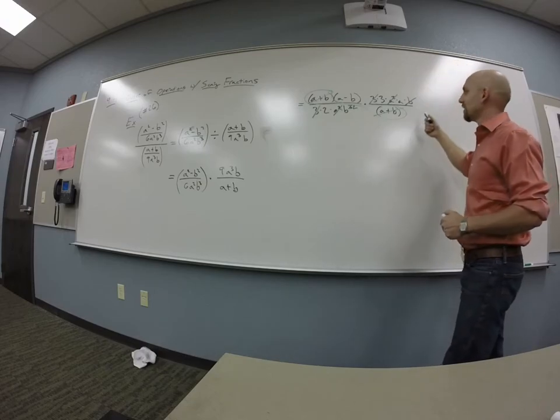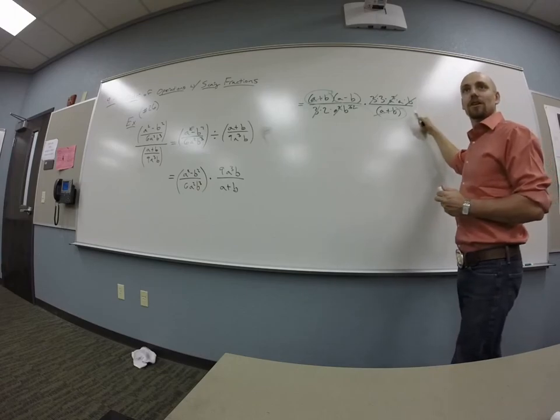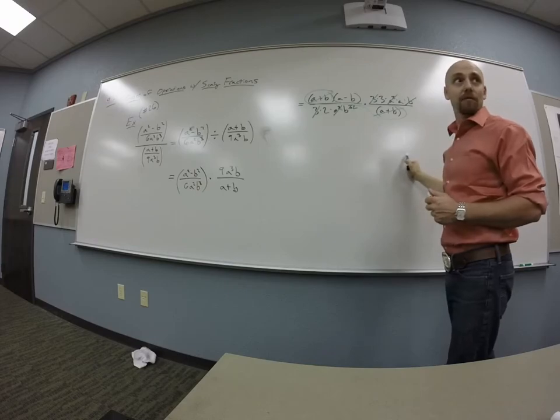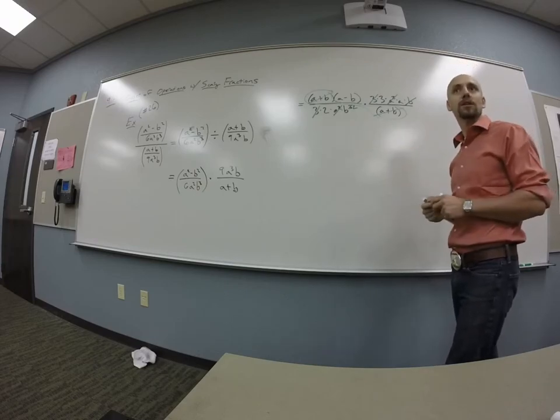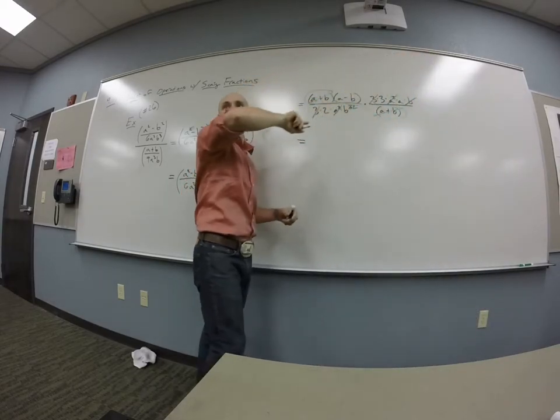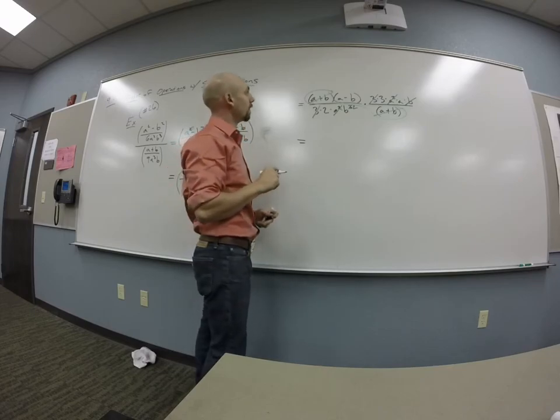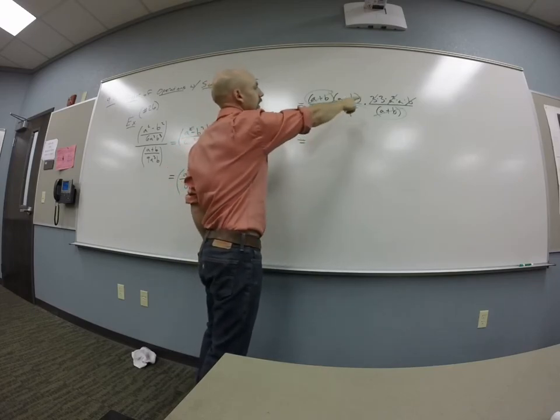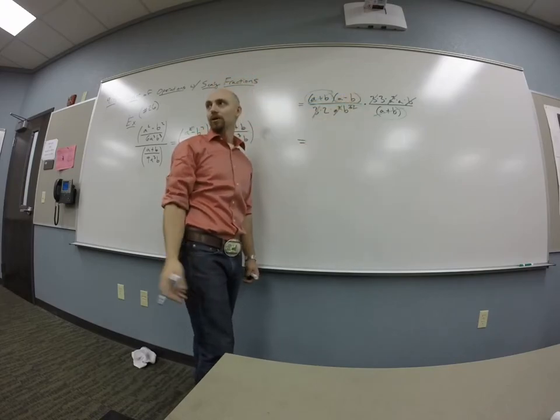I would advise that you don't ask yourself that question. Don't ask, did I get everything? Get some stuff, rewrite it, see if you can get anything else, right? I think this is probably too much canceling in one step. I would probably have done the 3's, the a squareds, maybe the a plus b, and then left the b for the next step, but you guys saw it, so.